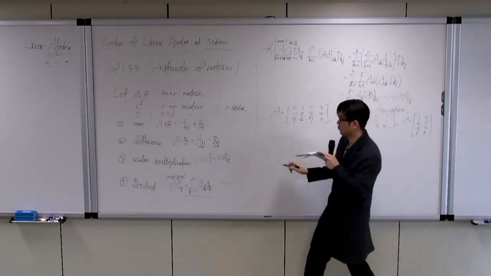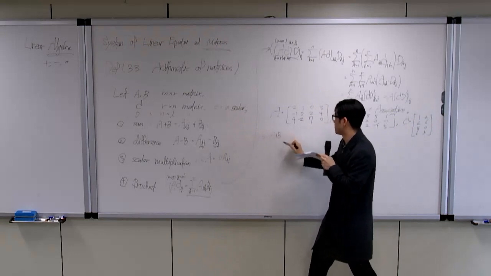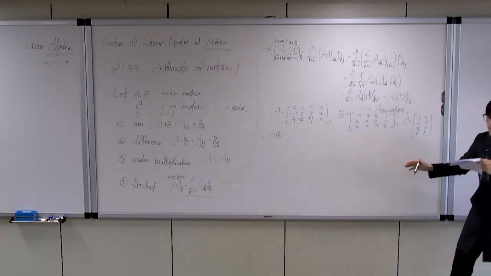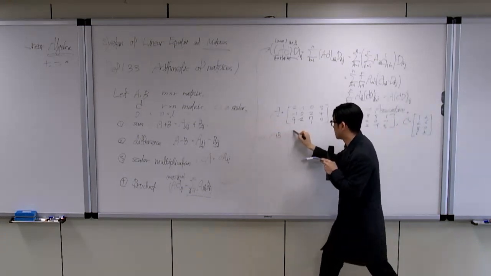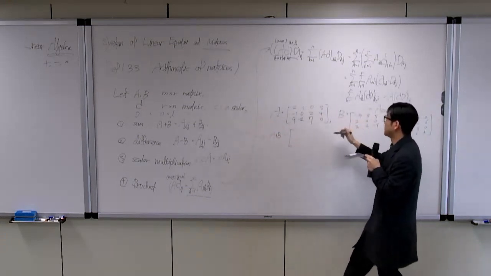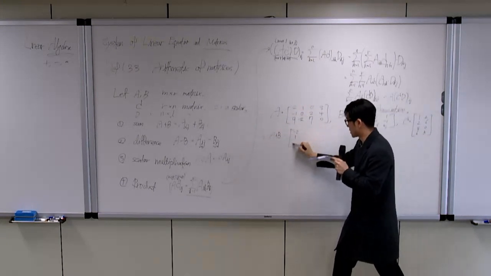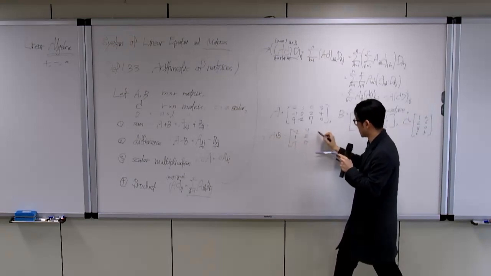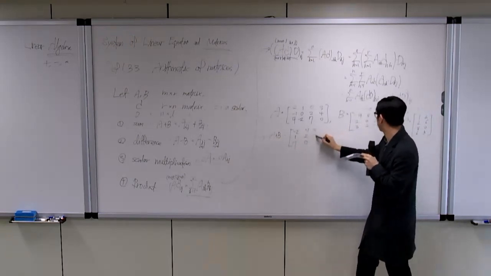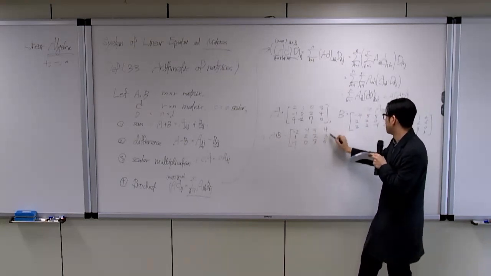Then we can calculate the summation A plus B because each size is the same, and by the definition we sum each entry, and it will be like that: 5 2 3 4 3 5.